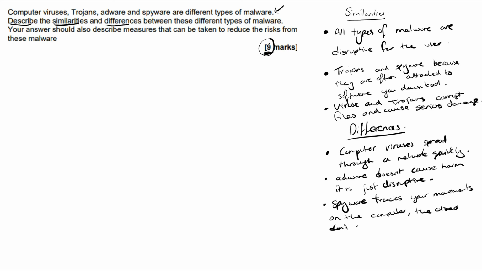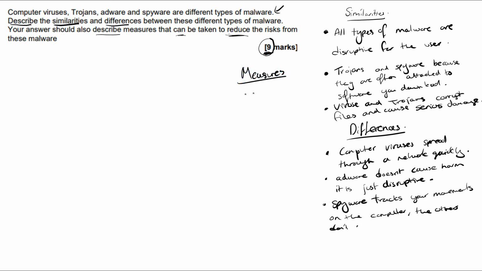So I'm still looking for some more points to make, and it says here your answer should describe the measures that can be taken to reduce the risks from these malware. So the specific measures that you can take here. So again, I've got measures. I'm just going to write it up here because I'm running out of room now.